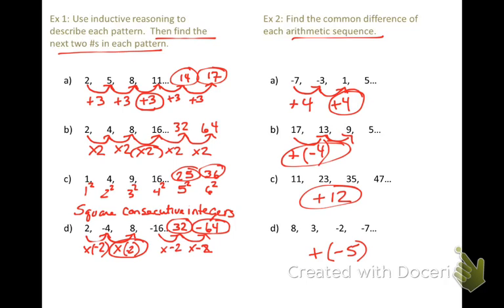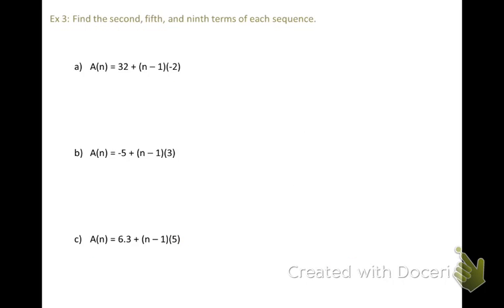Okay, let's try the next one. All right, so example 3. It says, find the second, fifth, and ninth terms. Those are the numbers you're going to plug in for n.